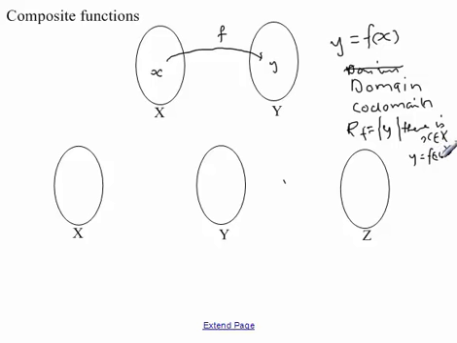That's what I'm talking about, the range. But when I'm talking about the codomain, I'm just talking about the set. All together? Okay, good. So in a way, we have the range of f within Y.